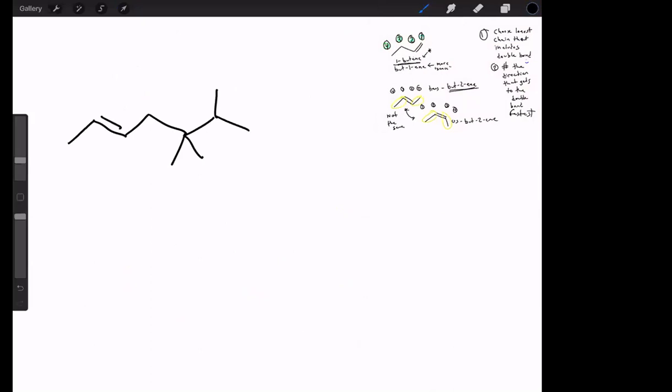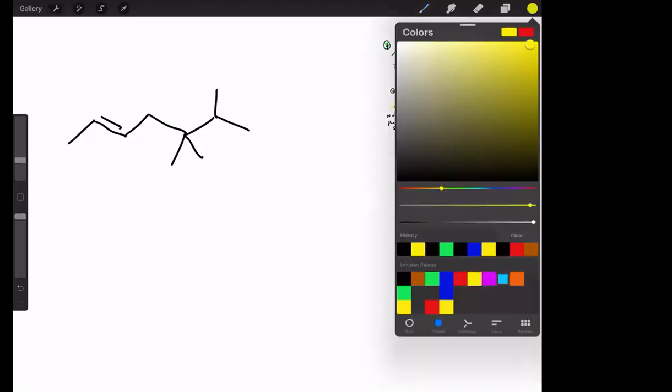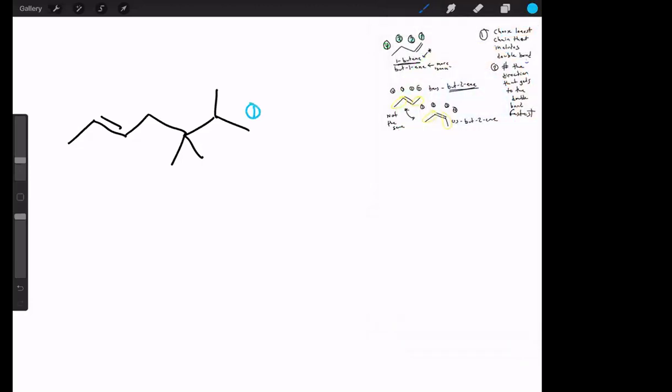What's the name of this molecule? Well, when we thought about alkanes, we would say, let's number the direction that gets us to a substituent the fastest.